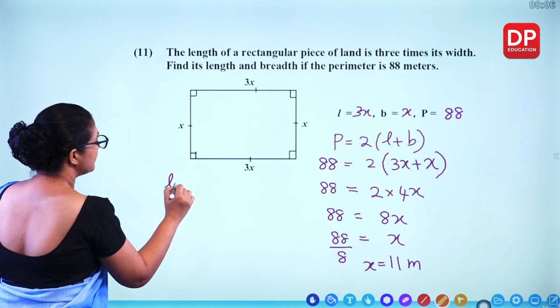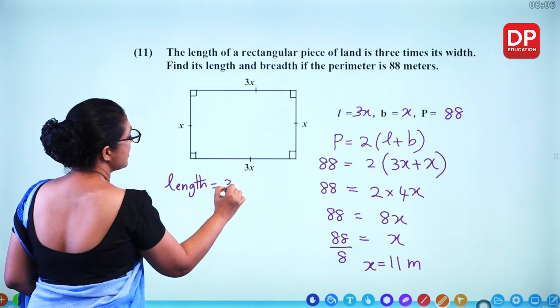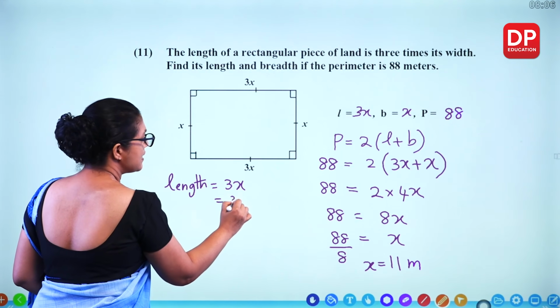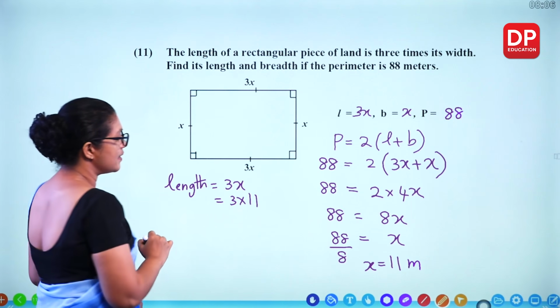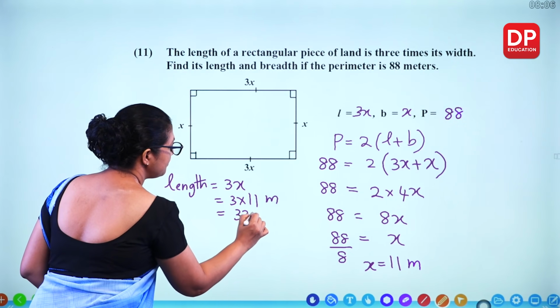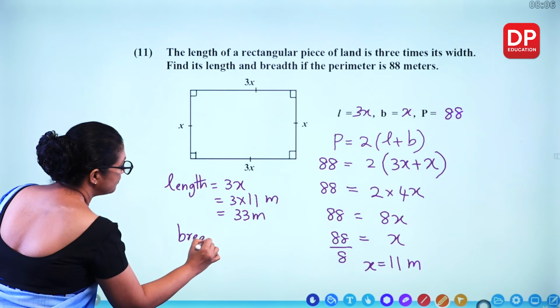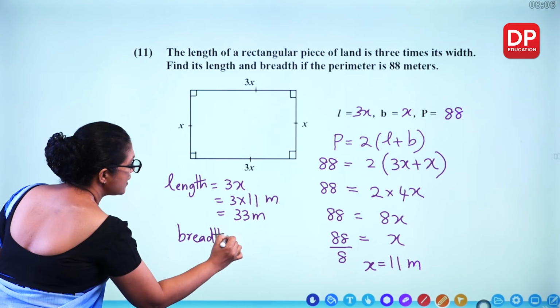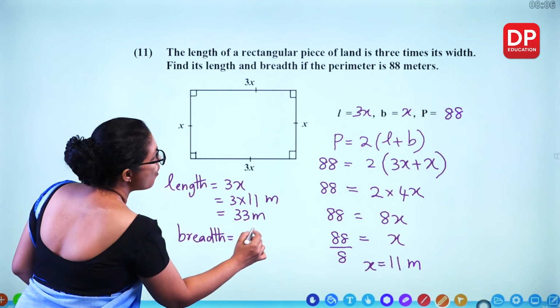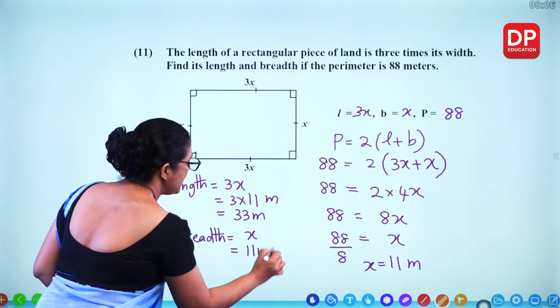So what's the length? Length is 3x. That means 3 times 11, 33. What's the breadth? Breadth is equal to x. That's 11 meters.